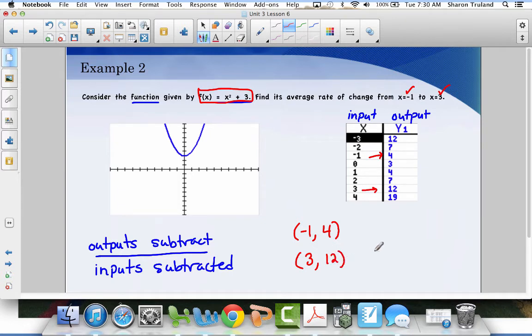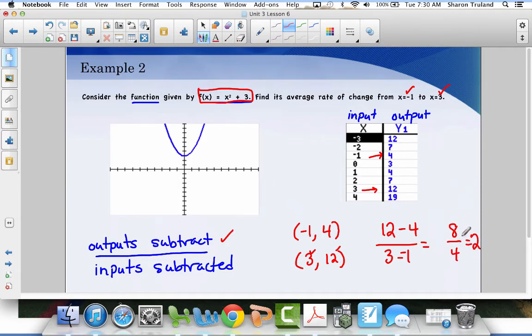So I want to find the average rate of change. So it tells me to subtract the outputs. Okay, I'm going to do 12 minus 4. And then on the bottom, they want me to subtract the inputs, but I have to go in the same order. So if I picked 12 first, I have to pick its corresponding input, which is 3 first. And careful, 3 minus a -1. So this is 8 over 4, which is 2.